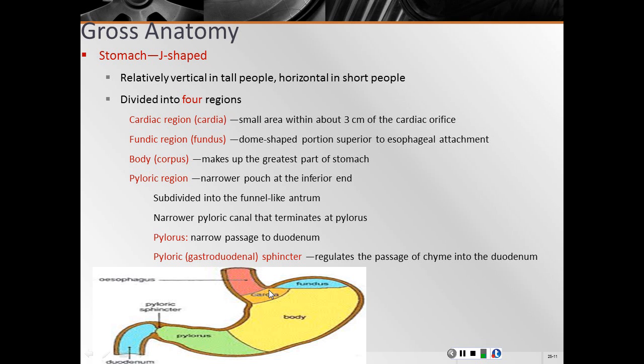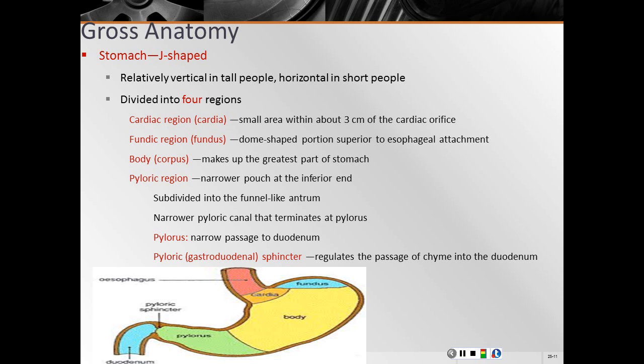Now, within these regions, the cardiac region is the small area within about 3 centimeters of the cardiac orifice, hence the name. Alright, we have the fundus region, a little dome-shaped portion superior to the esophageal attachment.